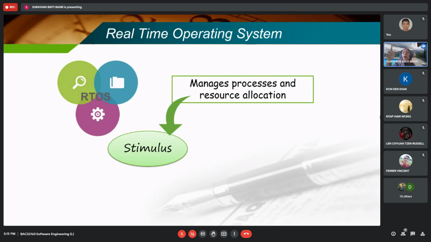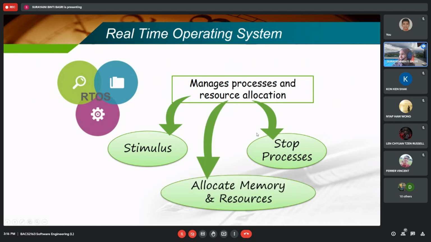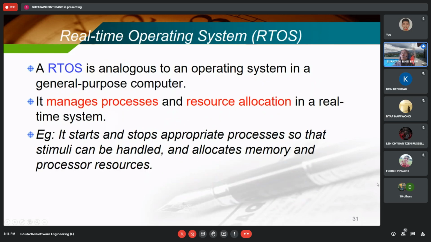It also needs to be able to manage the process of stimulus, and it has the ability to stop the process, and it also has the ability to allocate memory and resources. This allocation of memory and resources will be based on the stimuli, or the stimulus. So this is more on the real-time OS, RTOS.